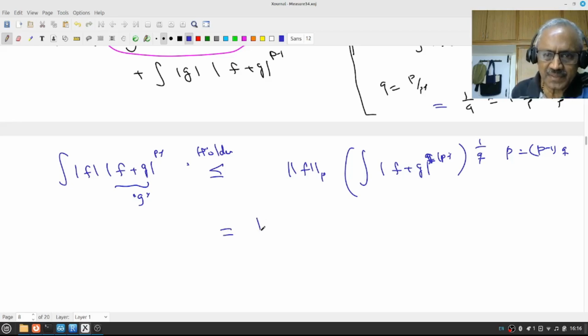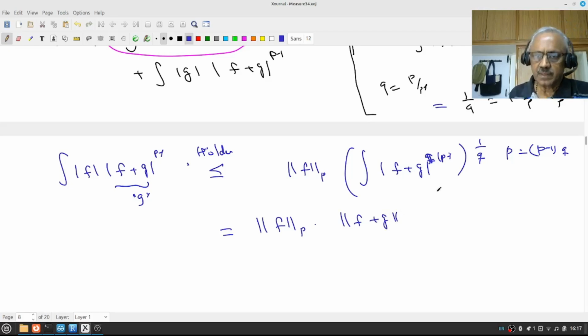Therefore, this is nothing other than the L^p norm of f into the integral of mod f plus g to the power q into p minus 1, the whole thing to the power 1 by q. Are you following? q into p minus 1 is p.